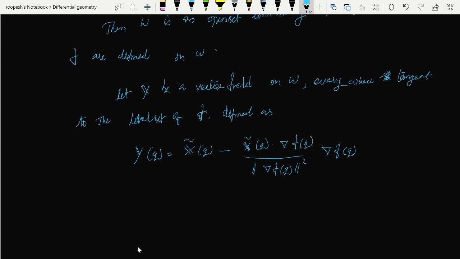This you have seen previously also. This means that we are deleting the del F of q component from your X tilde of q.